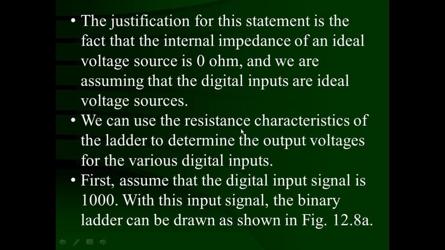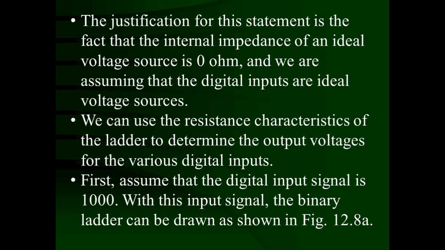We can use the resistive characteristic of the ladder to determine the output voltage for the various digital inputs. So, if the voltage source is connected to the MSB, that is the 2 raised to 3 input, then how much it will contribute to the analog output voltage, that we have to find out. For that, let us take a digital input of 1000.